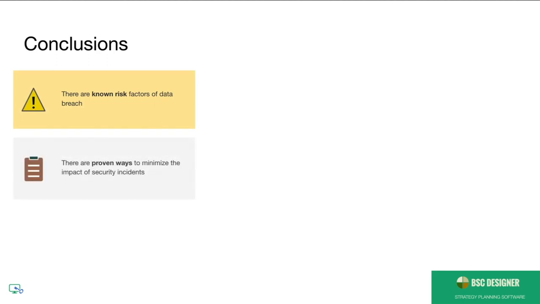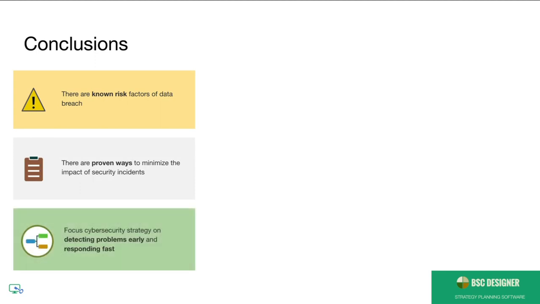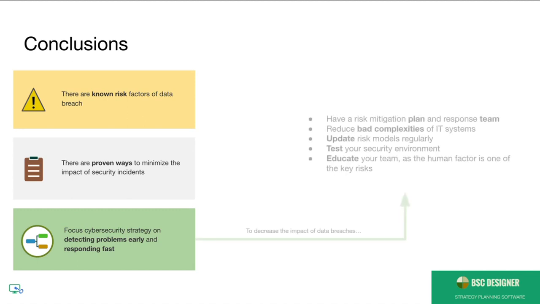We reviewed the template for cybersecurity strategy. Let me summarize some key ideas. There are known risk factors of data breaches, as well as proven ways to minimize the impact of security incidents. Focus your strategy on detecting problems early and responding fast.